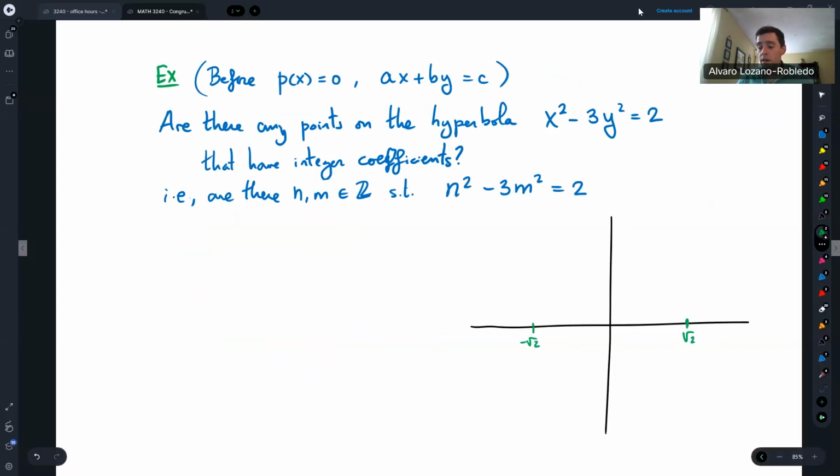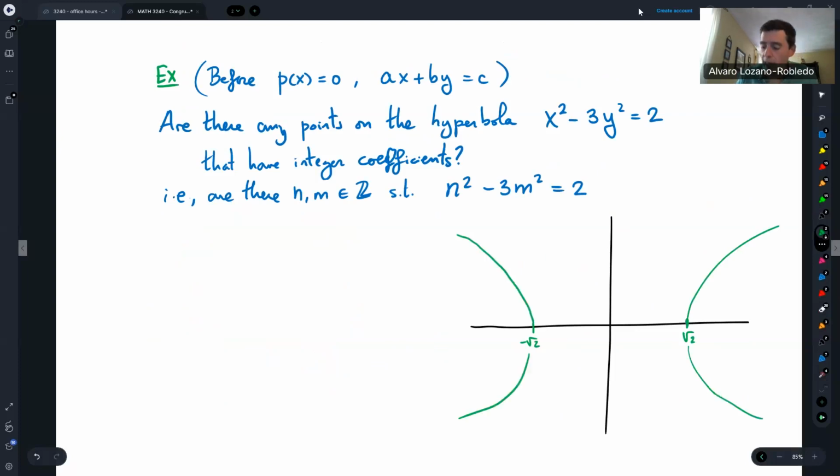And when x is 0, there are no points because minus 3y squared equals 2 has no real solution, so there's nothing here. So this graph is a hyperbola that looks like this.